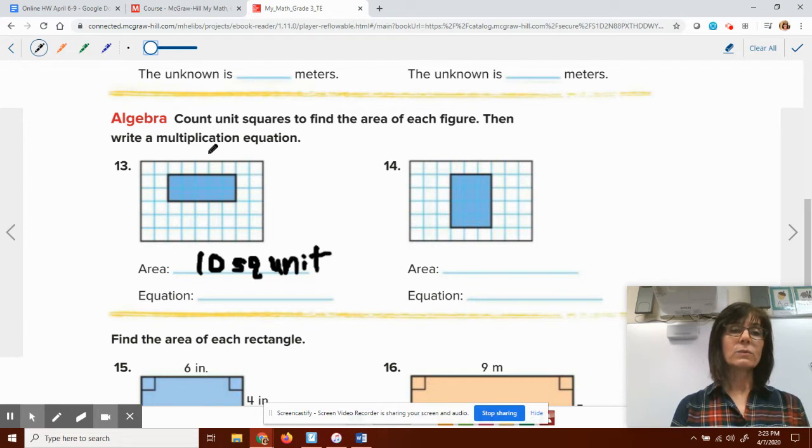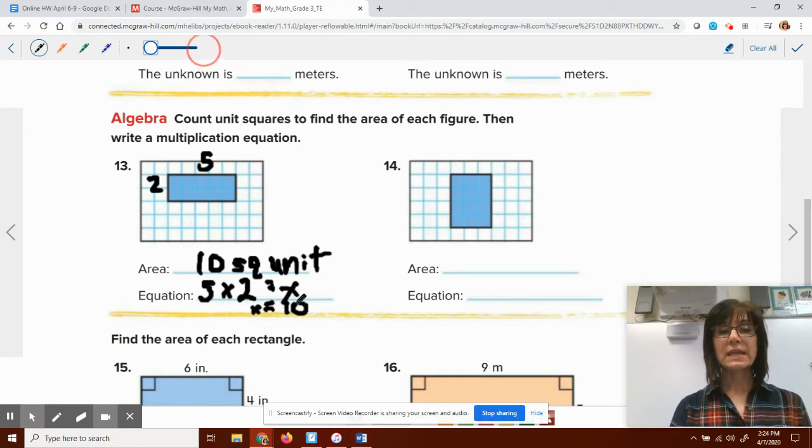I know my length was 5. My width is 2. Area equals length times width. So I would say this is 5 times 2 equals x. And then I could say x equals 10, of course.